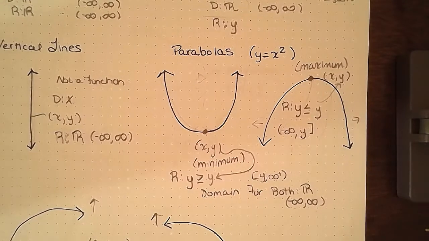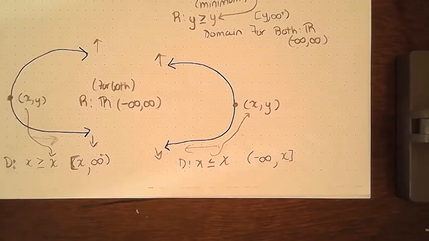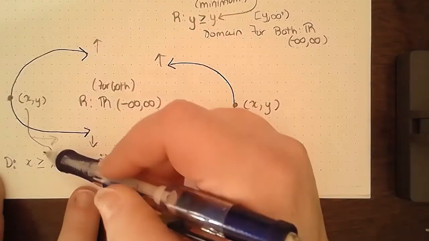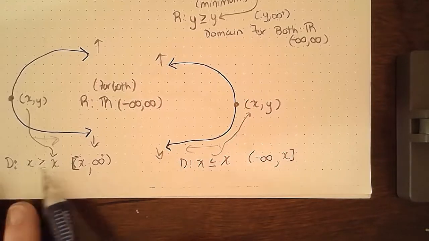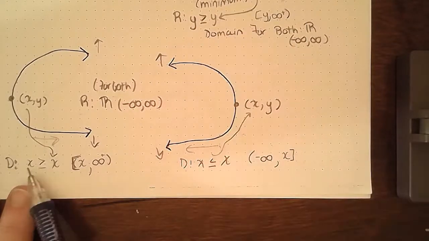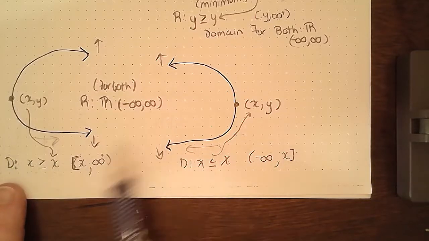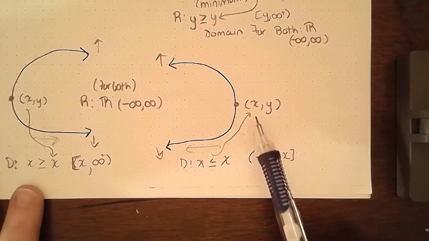So these two are kind of similar. They're parabolas that point left and right. Now, neither one of these are functions, as you can see, because they don't pass that vertical line test, right? So my domain is going to be just like how I did my range up here. So it's going to go x is greater than or equal to whatever this x value is, or x is less than or equal to.